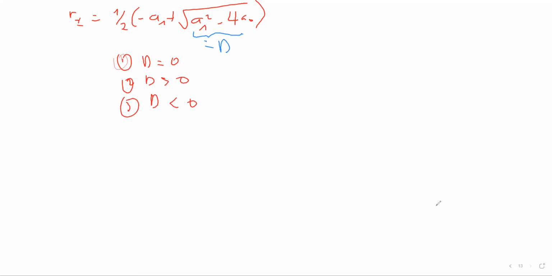If it is positive, then we have different real roots. If it is less than 0, that is negative, then we have a complex conjugate pair.